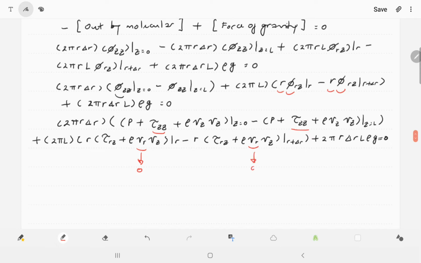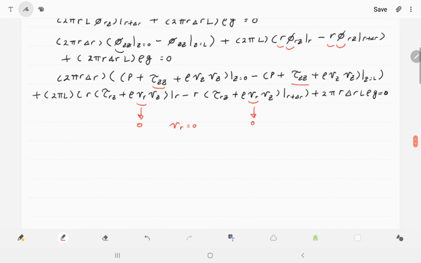This one is equal to 0 because vr is equal to 0, because we don't have a velocity in the r direction. Then we make a note in here. Tau zz is equal to 0. Okay, vr is equal to 0. Okay. Pressure at z equals 0, we can define it as P naught. Pressure at z equal L, we can define it as P L.